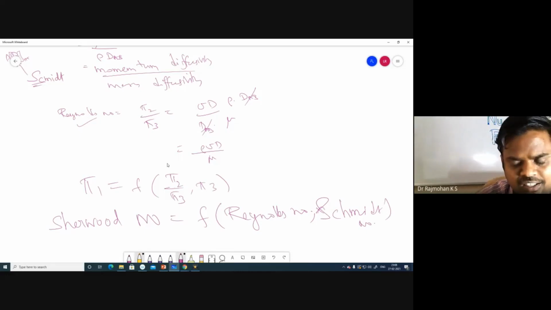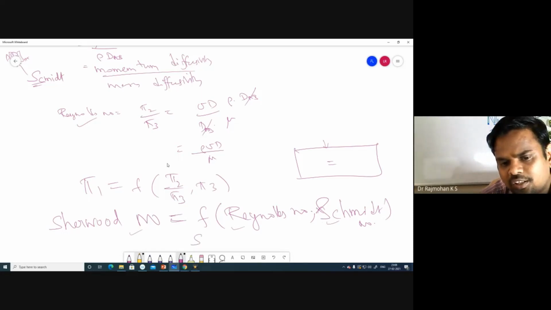Okay, so dimensional analysis on its own won't give us a final equation that will be of any practical use. These are the dimensionless numbers, and Sherwood number is a function of them, but what the relationship is, we will never know, right? So if you want to introduce a proportionality constant, you can say Sherwood number is equal to a constant a into Reynolds number power b, Schmidt number power c, since a is already used.